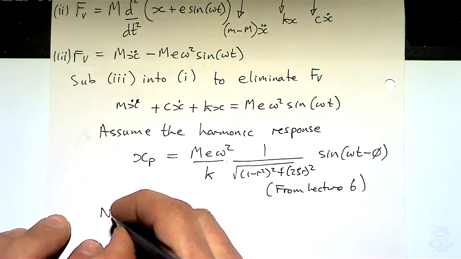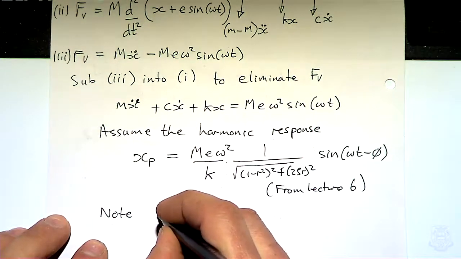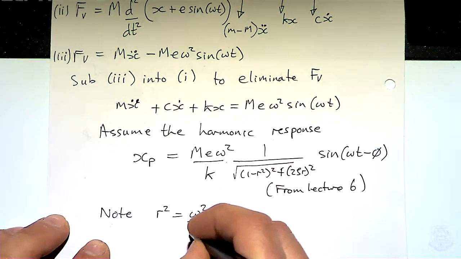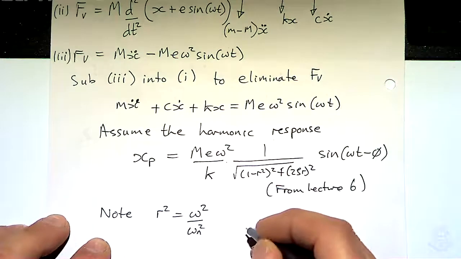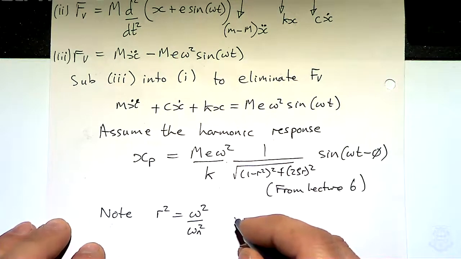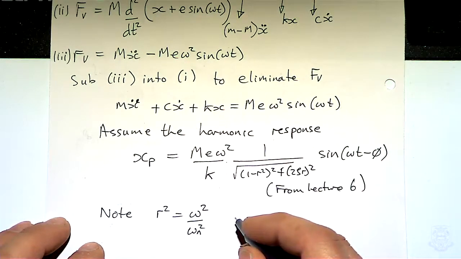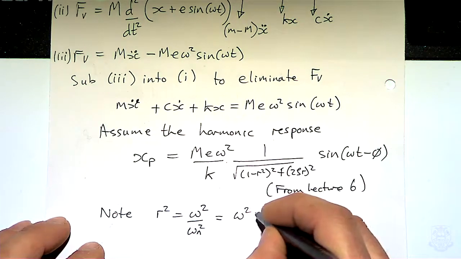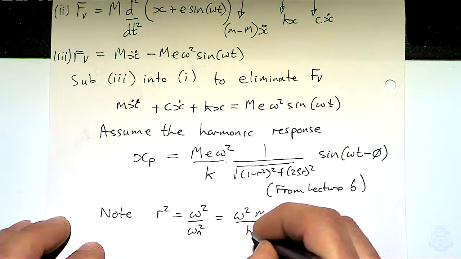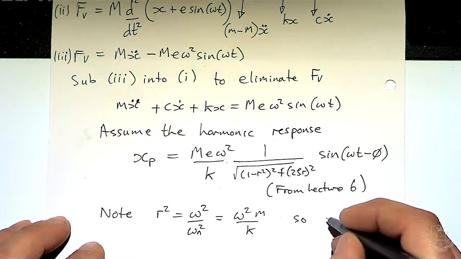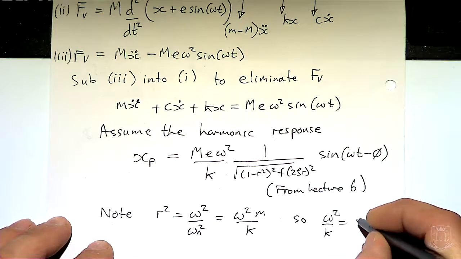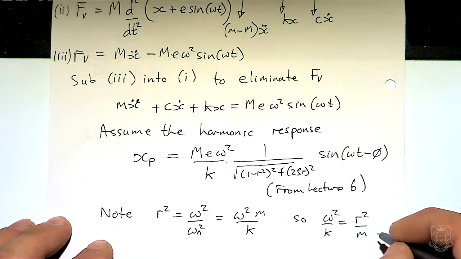And we note that r squared, the frequency ratio, of course, is omega squared over omega n squared, which is equal to omega squared m over k. So omega squared over k is equal to r squared over m.